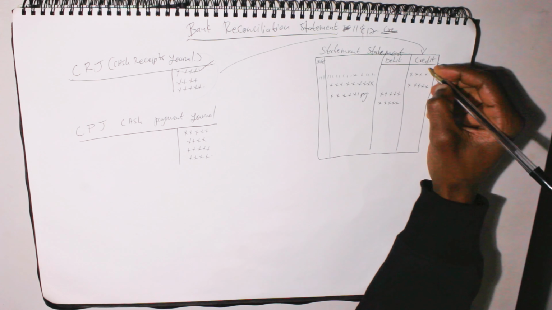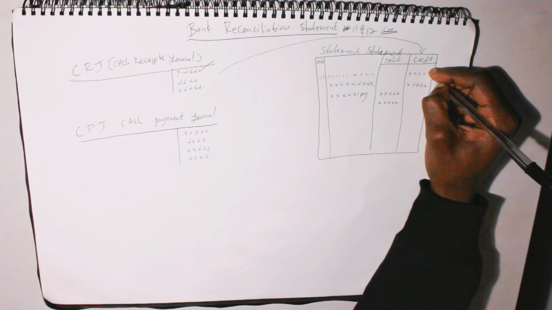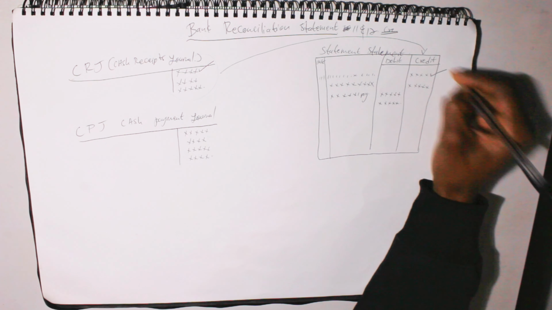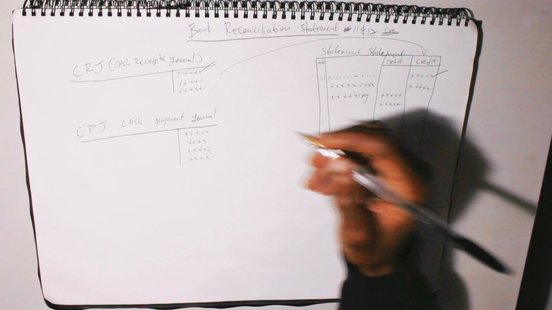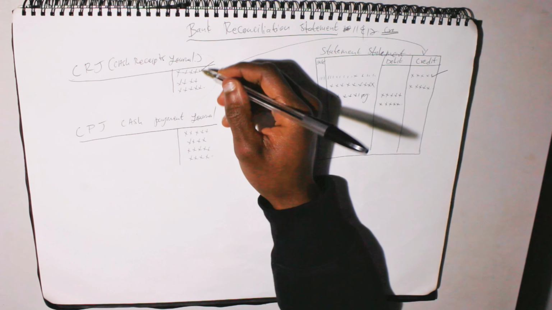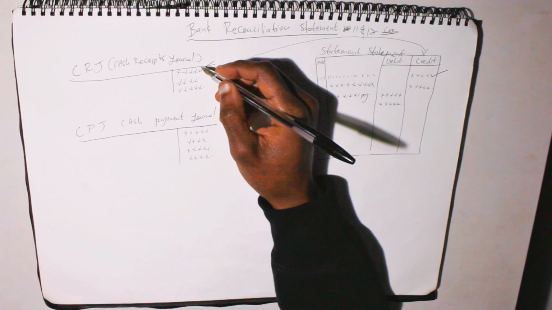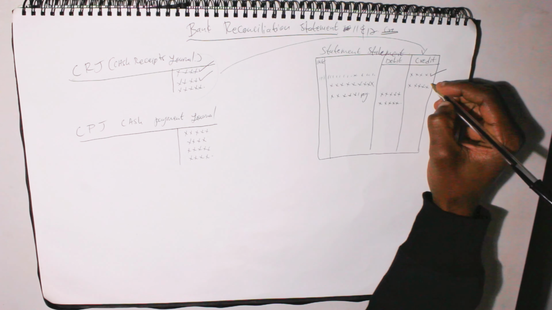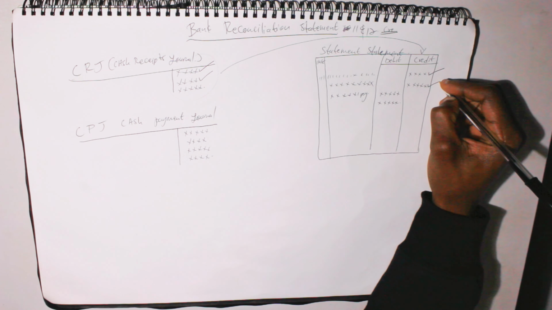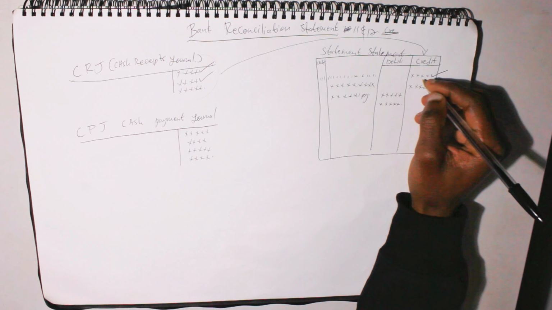You're going to see that amount should also be showing on the bank statement, and he paid using EFT. Then we make a deposit as a business. Money will show on the CRJ again, and it will show also on the bank statement, basically. Now, if you check, there's one amount missing.